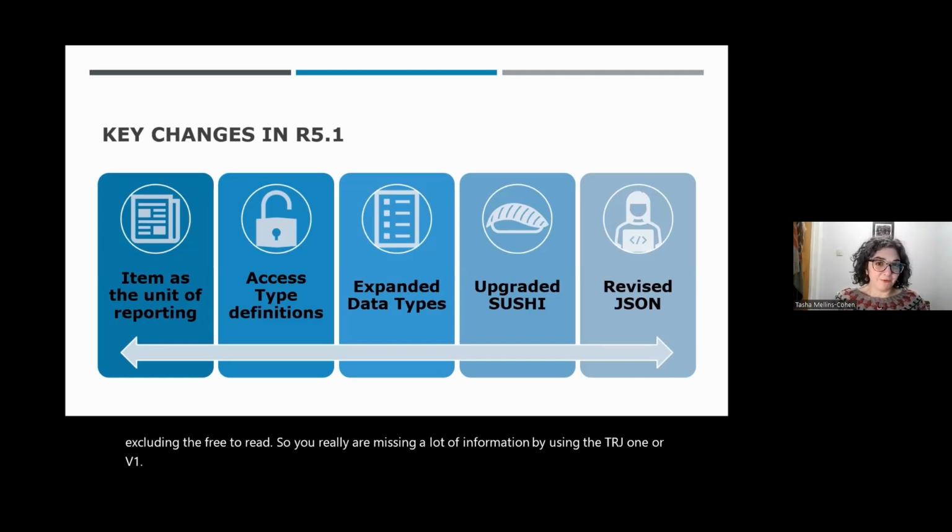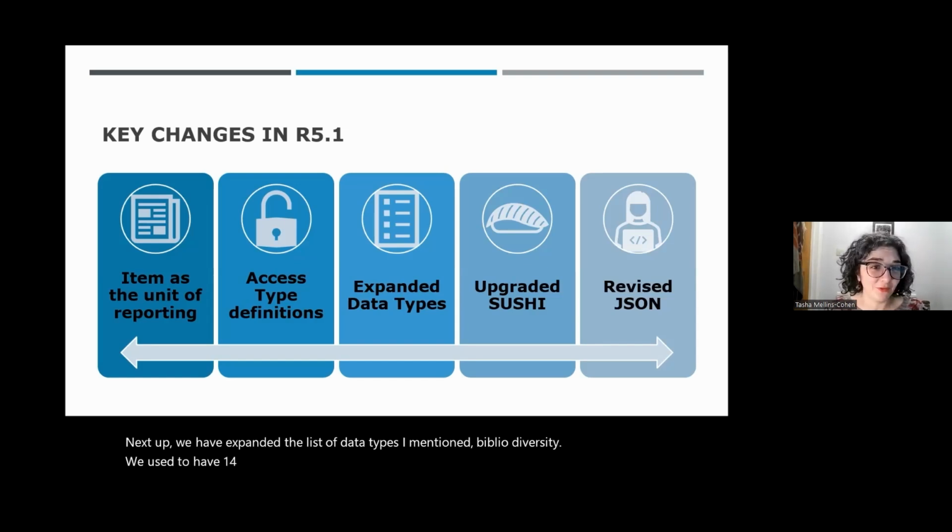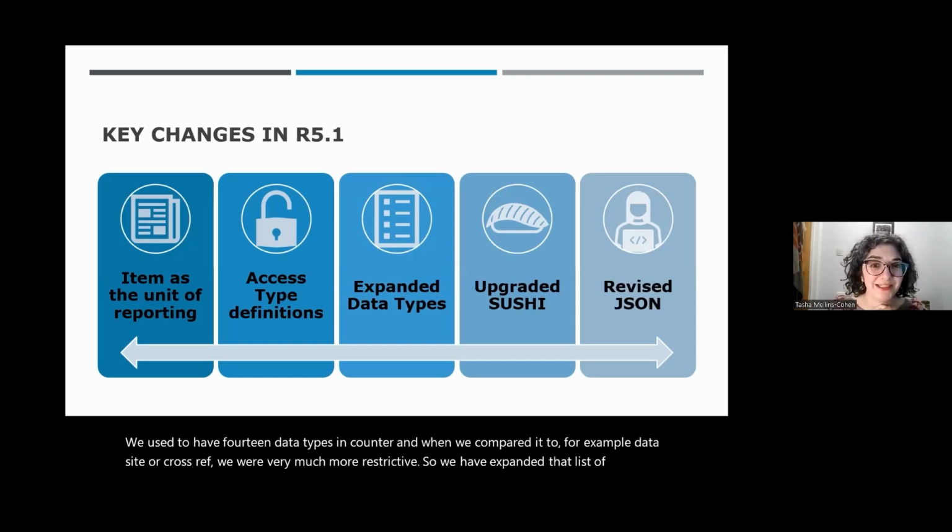Next up, we have expanded the list of data types. I mentioned bibliodiversity. We used to have 14 data types in Counter. And when we compared it to, for example, DataCite or Crossref, we were very much more restrictive. So we have expanded that list of data types to 28.